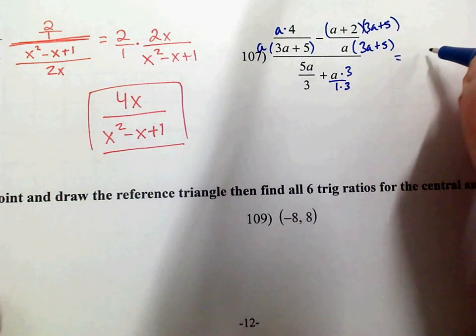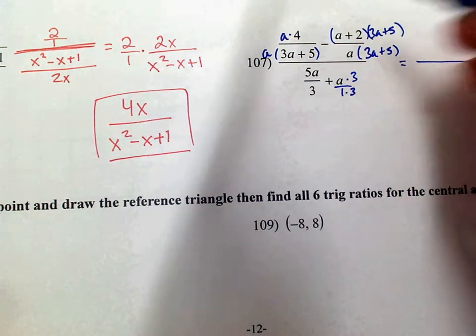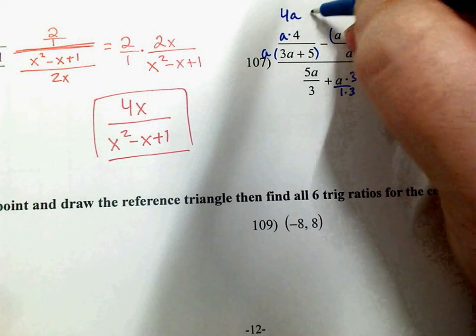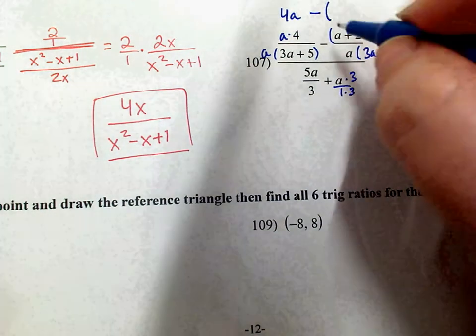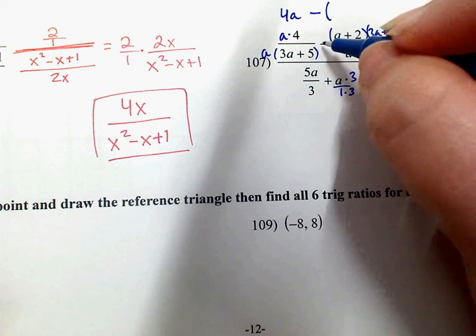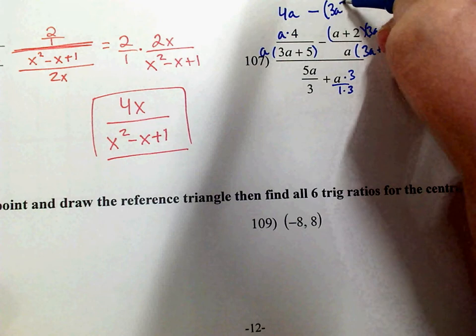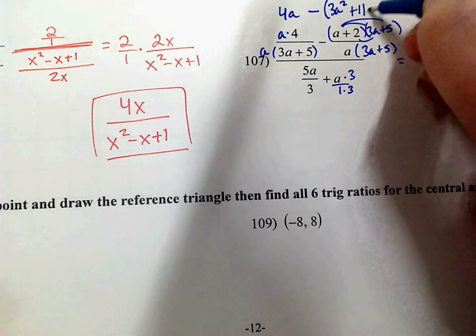So let's start talking about this. The numerator is going to be, this is 4a, minus, let's talk about this. I'm going to put parentheses and multiply all this out, because what people are probably going to do is forget to distribute the negative right here. So I've got 3a squared from that, plus 5a plus 6a, which is plus 11a, and then plus 10.